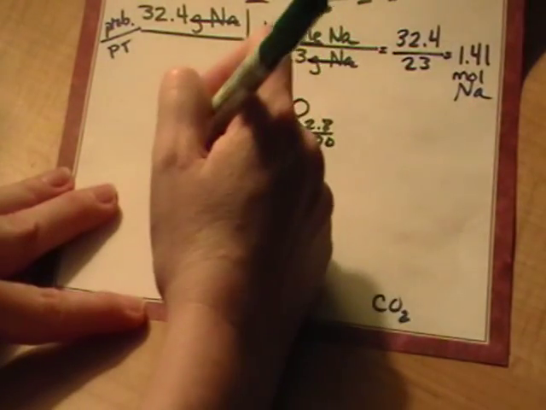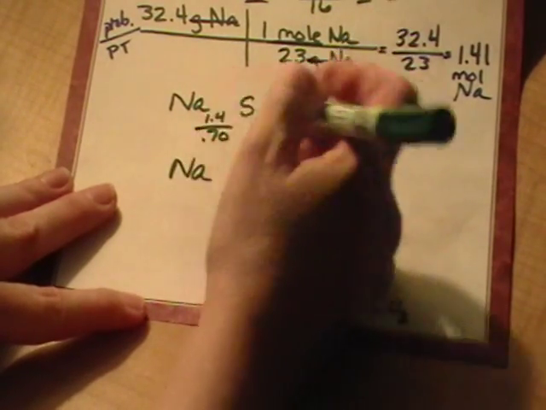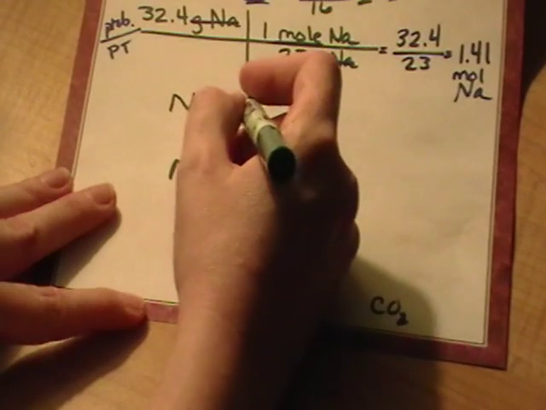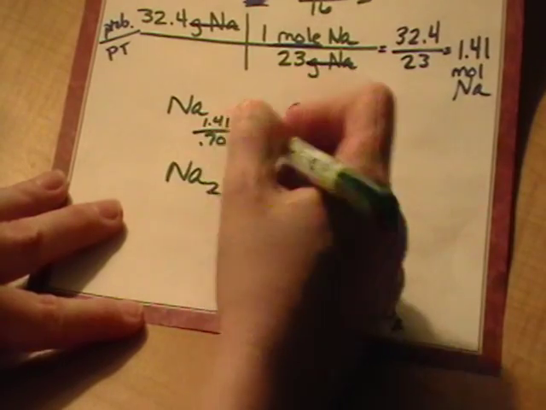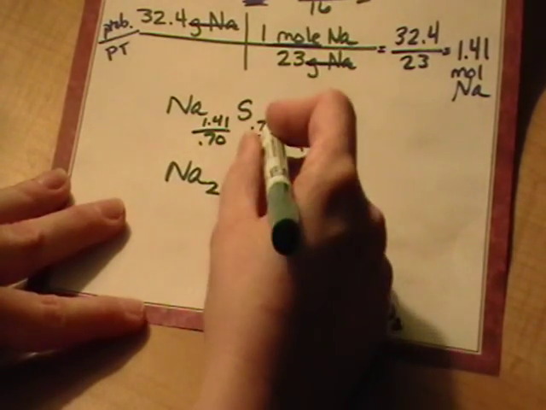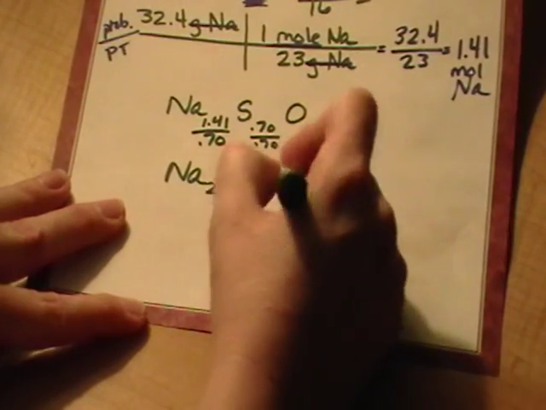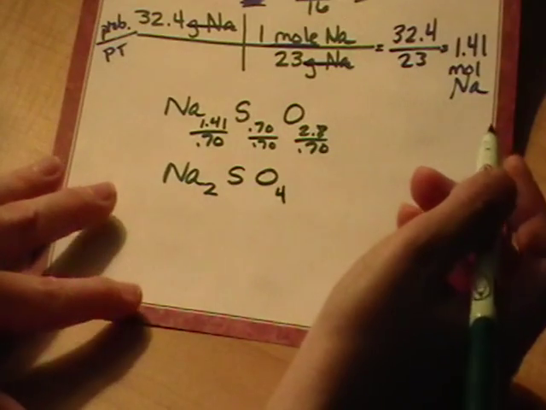And when I do that, I'm going to see I have Na and more or less 2. Actually this one isn't very off at all. If I put the 1 in, yeah, it's a little off. But it's Na2 and then S, and that equals 1, so I'm going to leave it blank. And then O, and divide those out, I get 4. Na2SO4. That's my empirical formula.